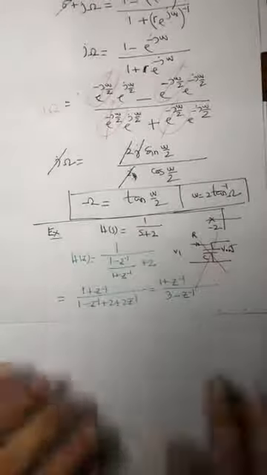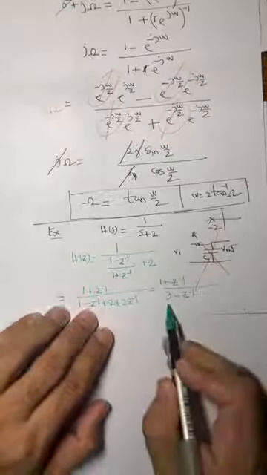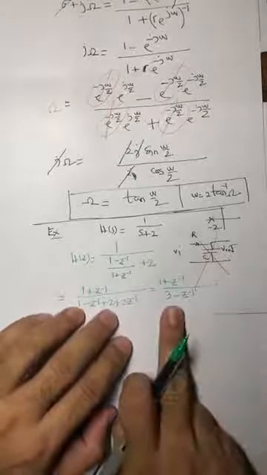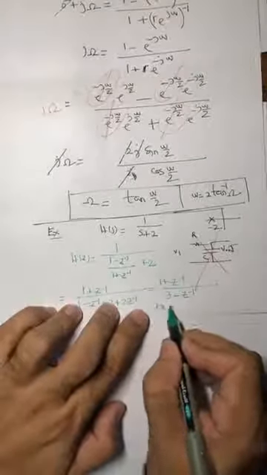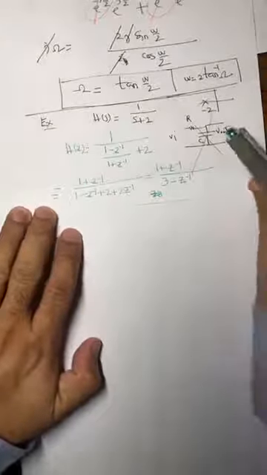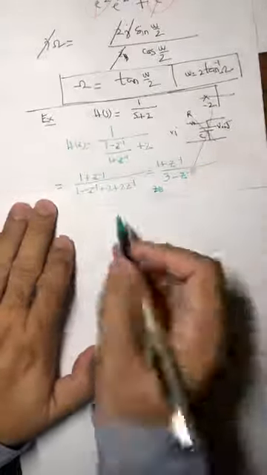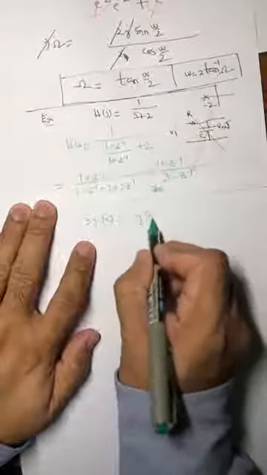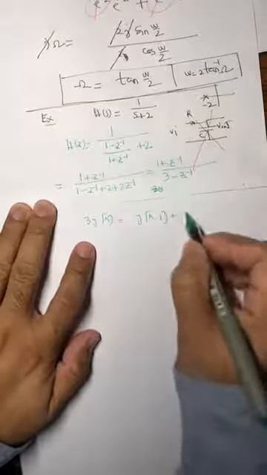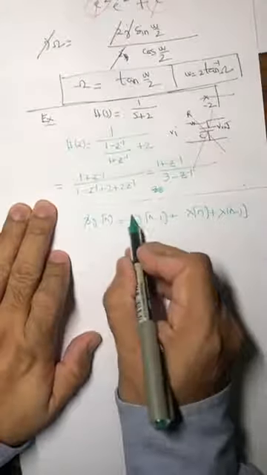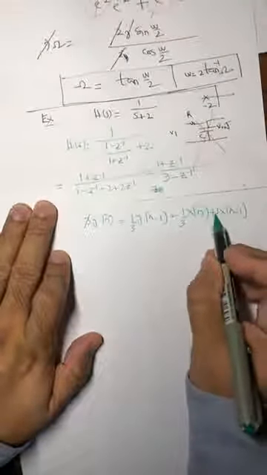Usually I like 1 here, so you can divide by 3, and you can write a difference equation. 3y[n] is equal to y[n minus 1] plus x[n] plus x[n minus 1], and you divide by 3, it becomes 1 over 3 for each term.